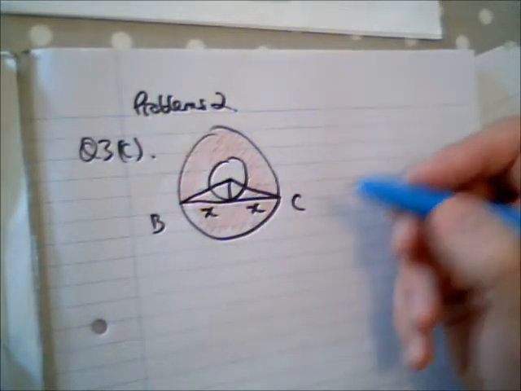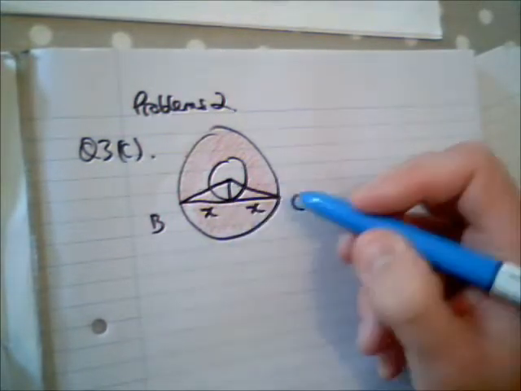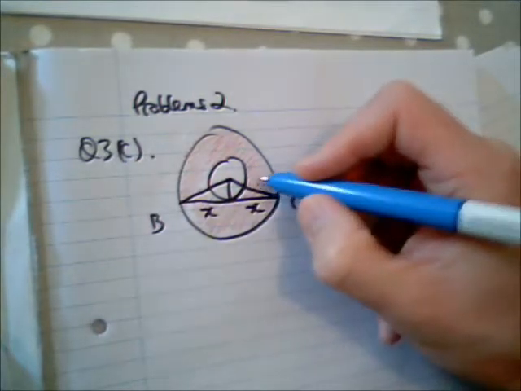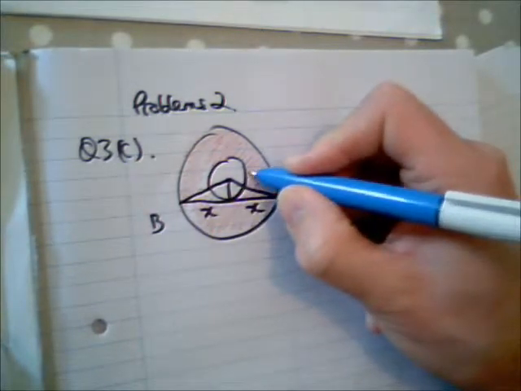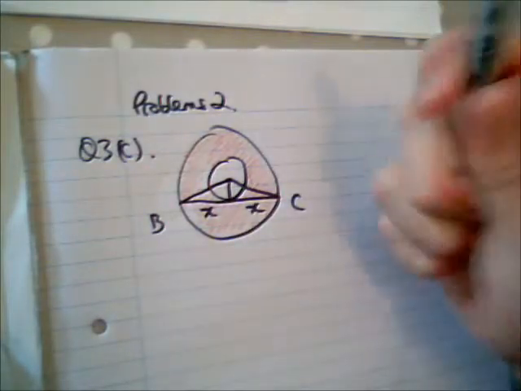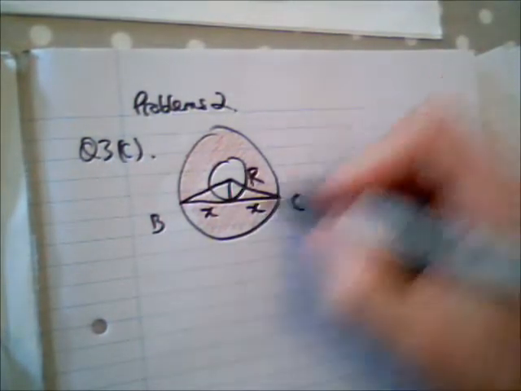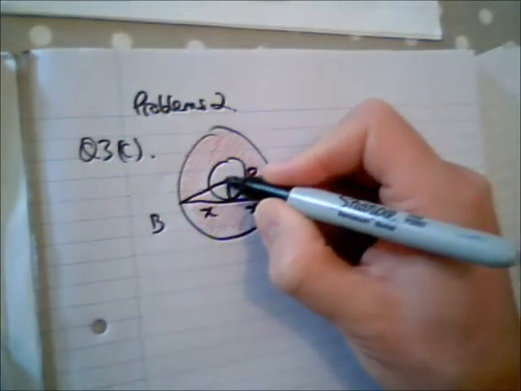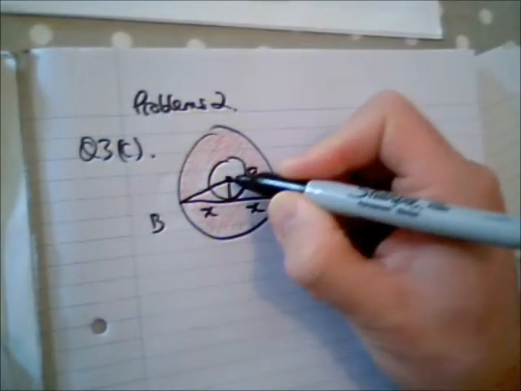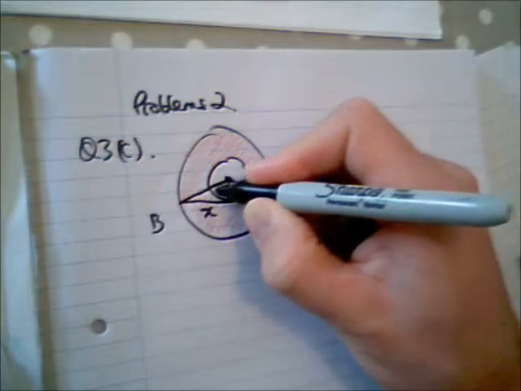So we better give the big circle a radius and the little circle a radius. Let's call the big circle's radius capital R, because it's big. Let's call the radius of the little circle, which is actually this line here, little r.